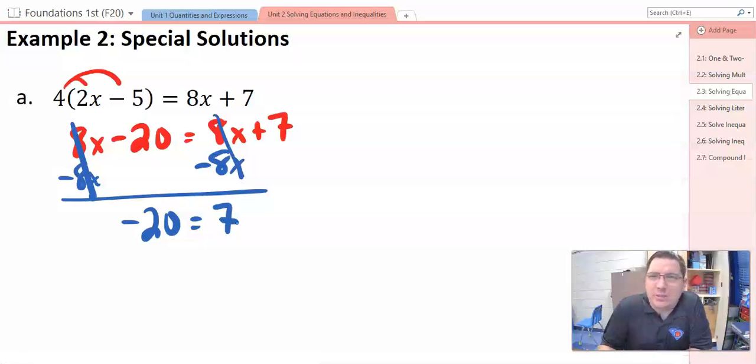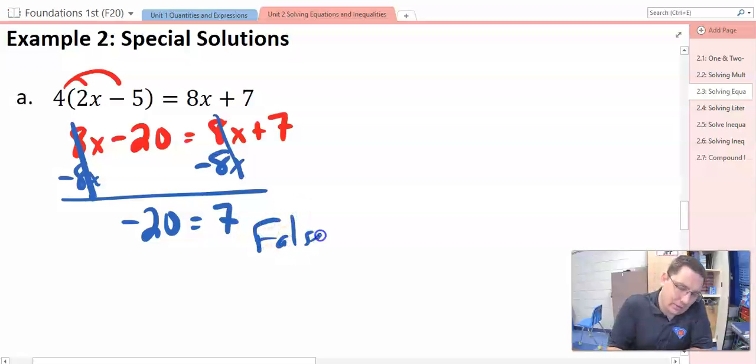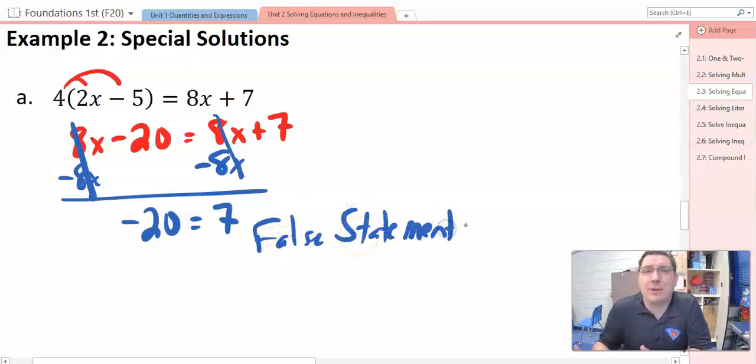Negative 20 has to equal itself. Negative 20 can't equal another number. And so what this comes out to is a false statement. How can one number equal a different number? It can't. The basic properties of math say that every number is its own unique number. And so this comes out to a false statement. It's not true.